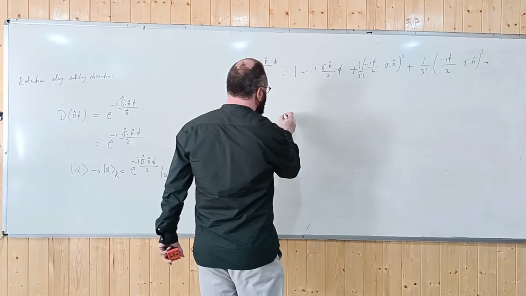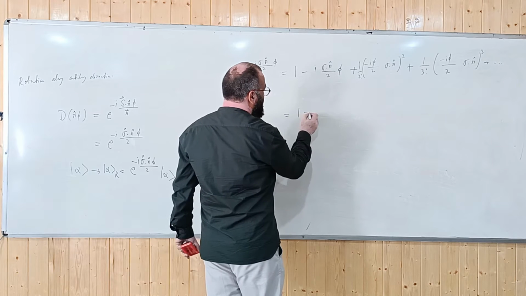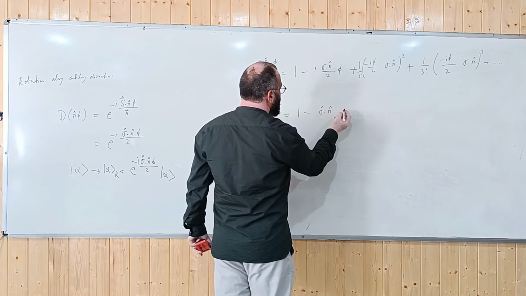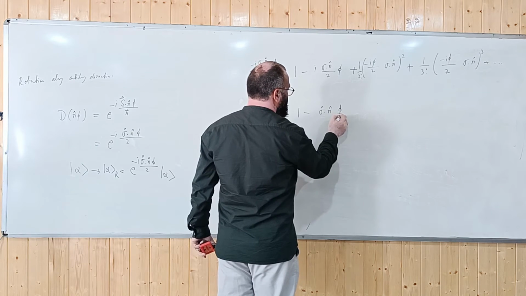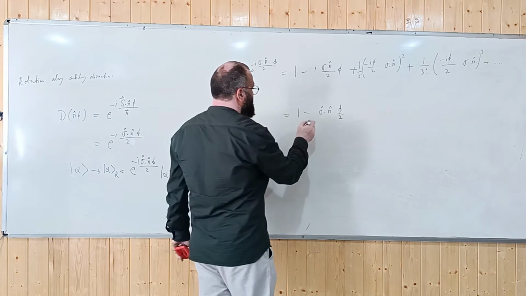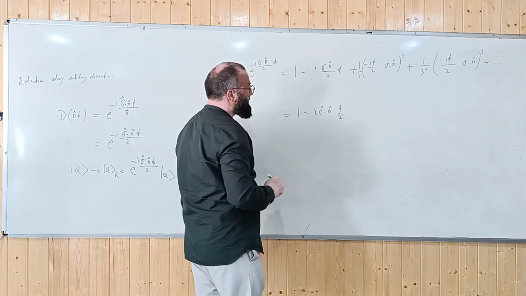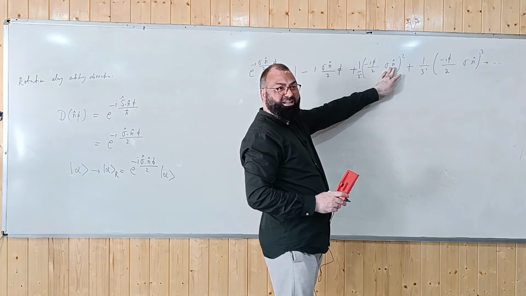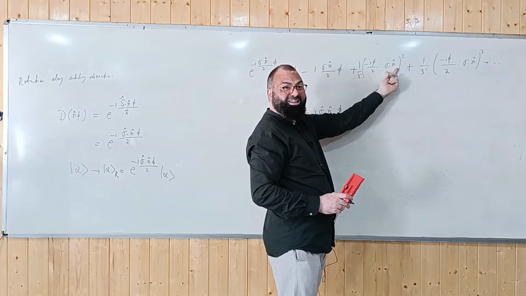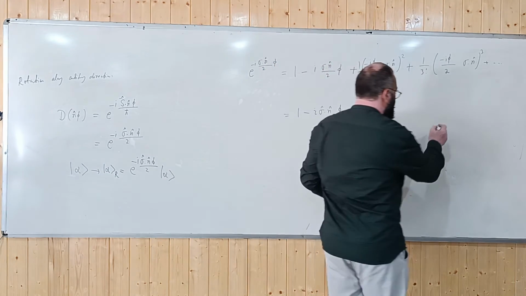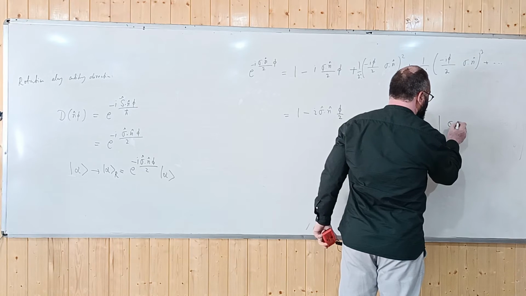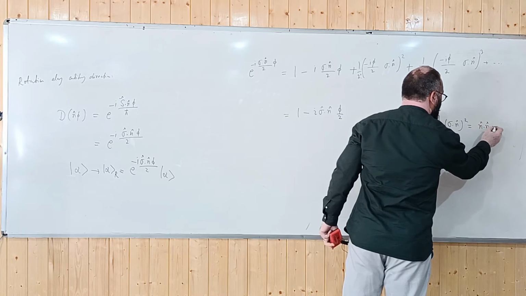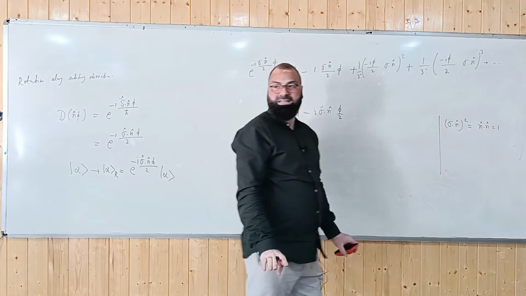So now let's look here. So you are having 1 minus I sigma dot n, then you are having phi by 2. Clear? So there is an I as well. Now this is the square of the sigma dot n. Clear? So what is the sigma dot n square? Okay, so let's look here. So you are having sigma dot n square. So what should it give me now? N dot n. So what is that equal to? Identity, because n is a unit vector.